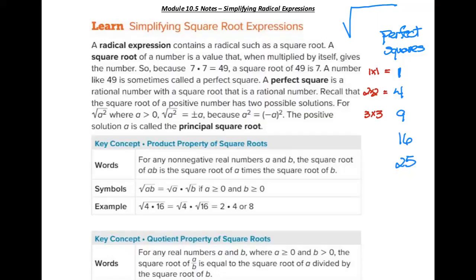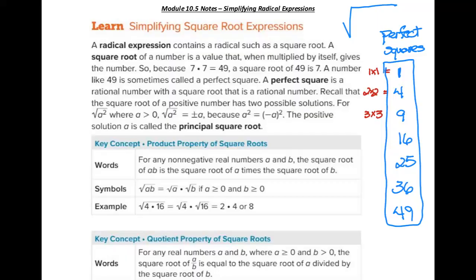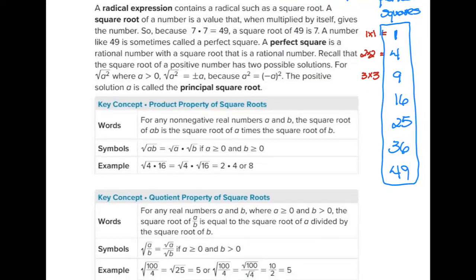What's the next one? 6 times 6, which is? 36. 7 times 7, 49. So these are our perfect squares, okay? Because if you think of a square, it's a 2 by 2, a 3 by 3. It has to be the same length on both sides, okay?